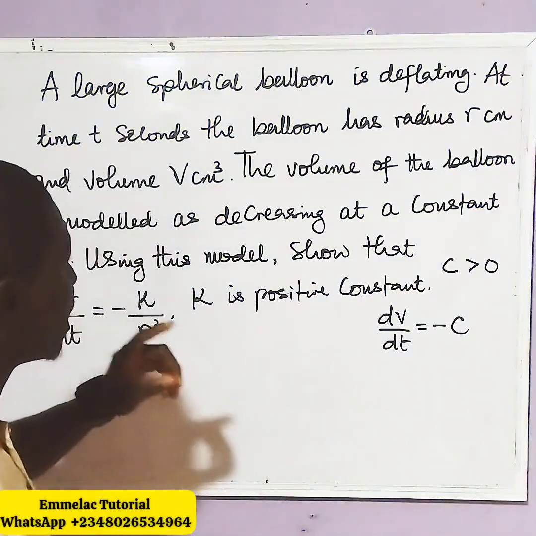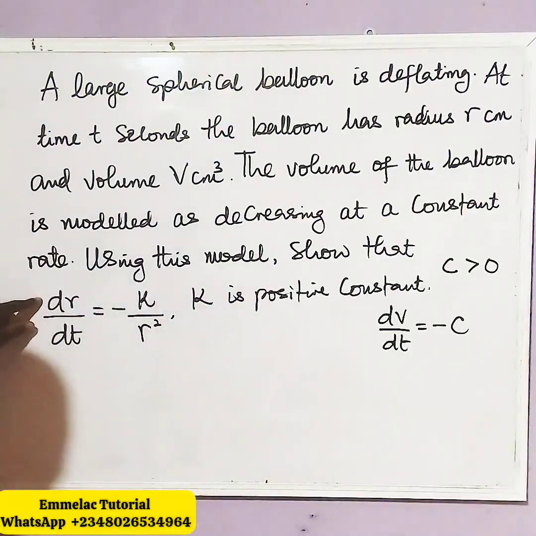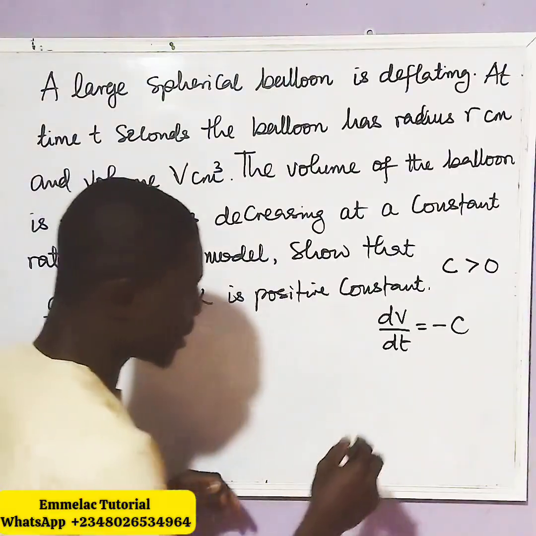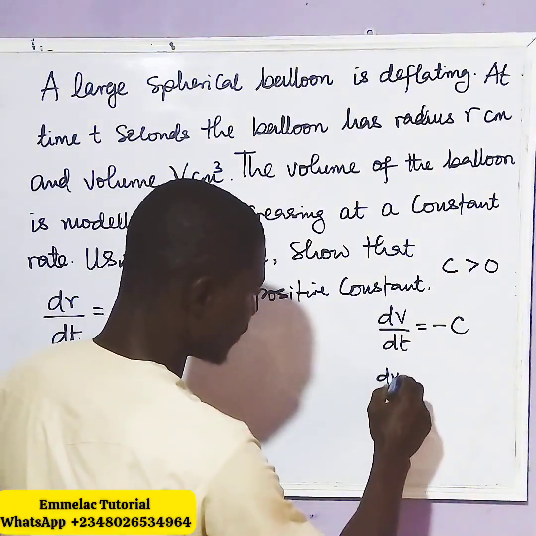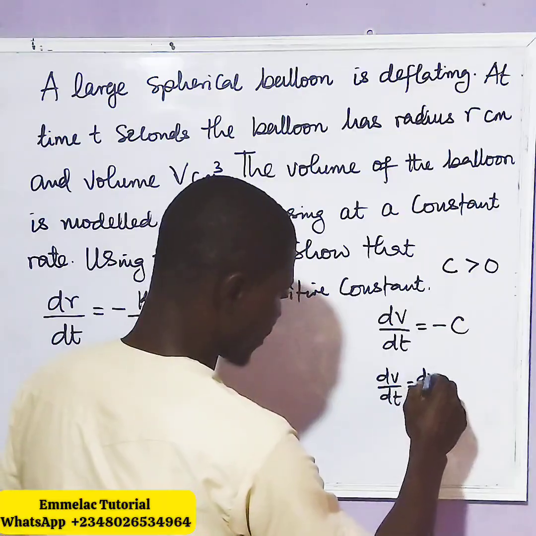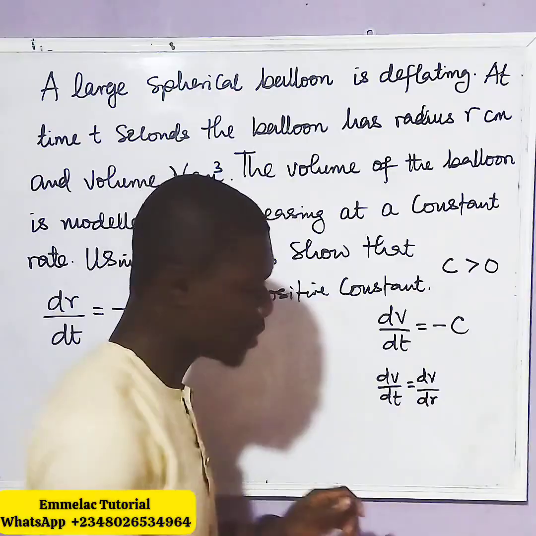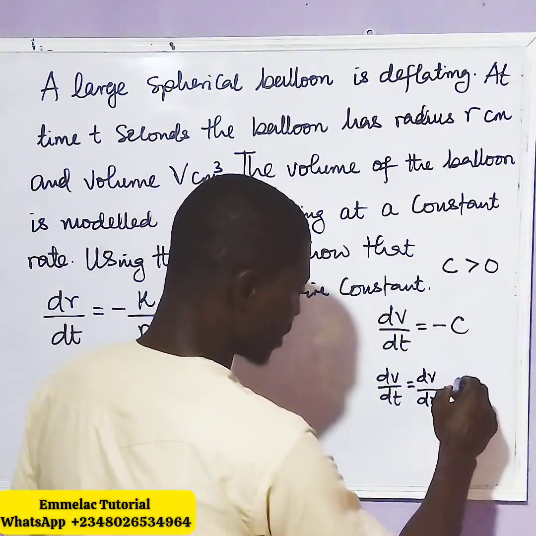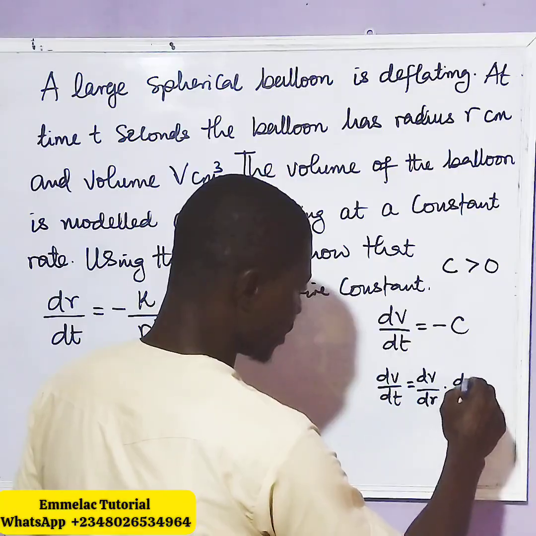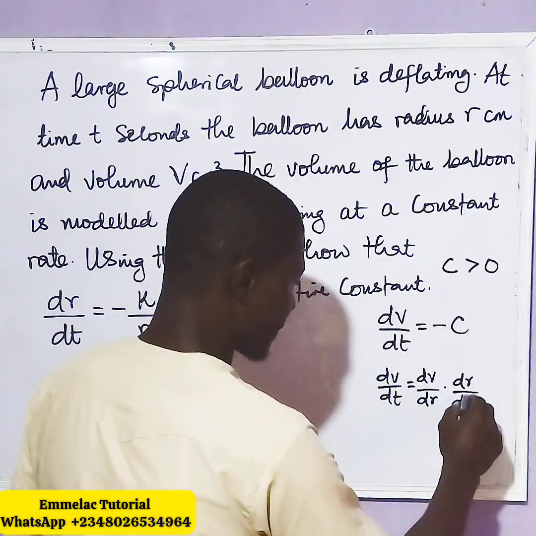Alright, so now, take note that for us to have dr/dt, dV/dt will give us dV/dr, that is the change in volume to the change in the radius, times dr/dt, the change in the radius to the time.